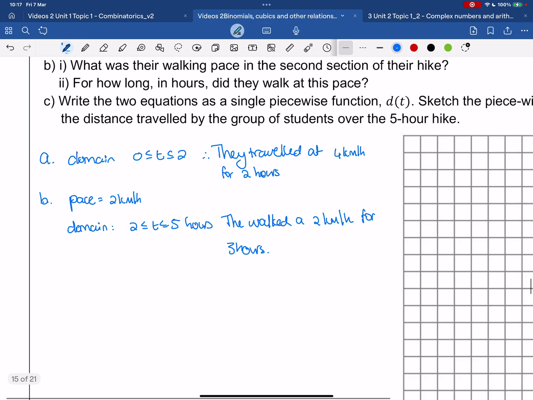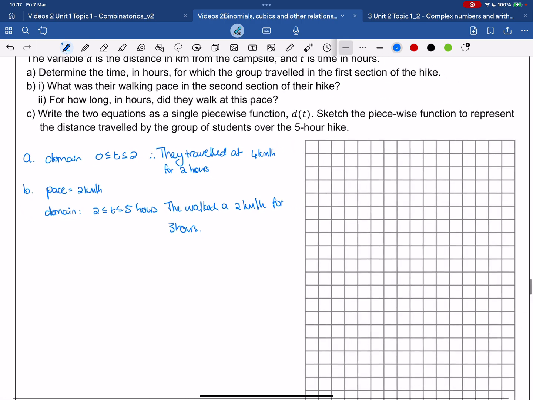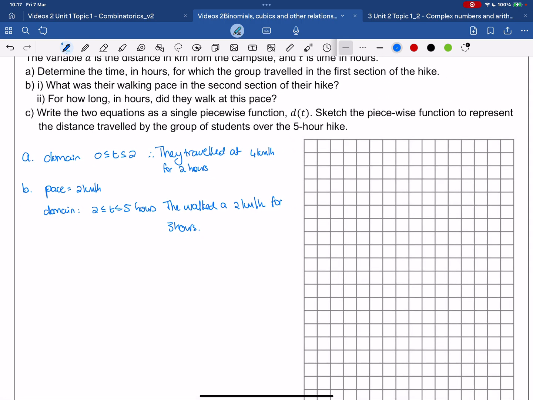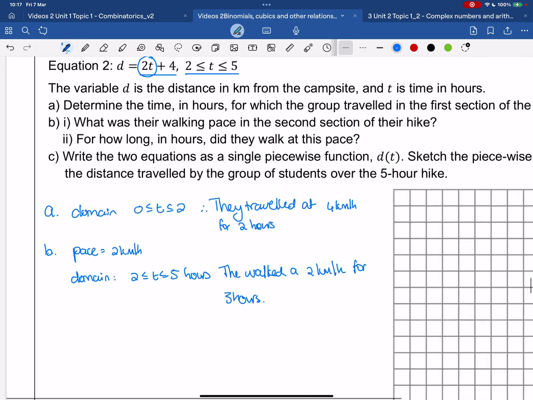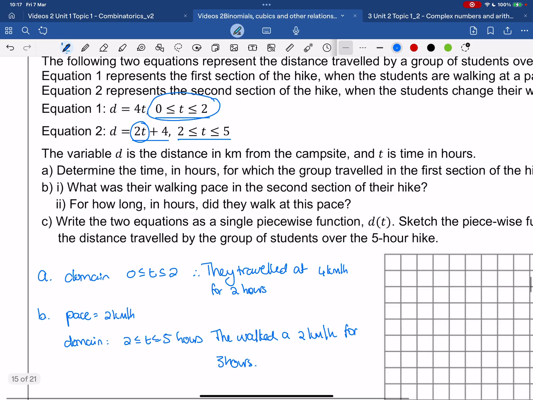All right, now they want us to write the two equations as a single piecewise function, and sketch it to represent the distance traveled by the students over the 5-hour hike. Now, we know that these two functions may or may not intersect, we don't know, but we know that we're only going to draw this one up until 2 and this one from 2.